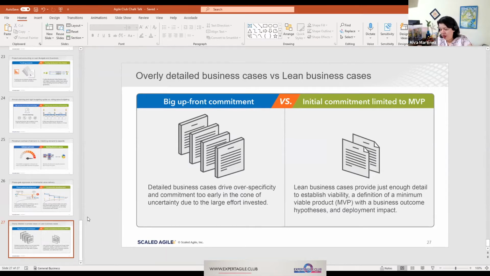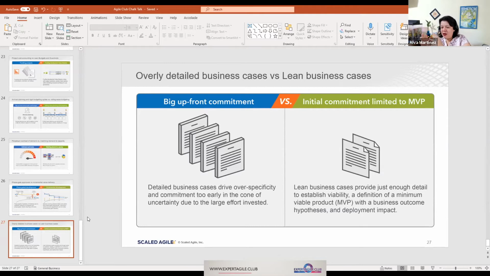If you want to define what you are going to build, then you need to do an analysis. And most of the time, nobody wants to pay for that analysis, right? So the idea here is, instead of that detailed business case, let's retire it and use just a business case, but more lean, with just enough detail and the concept of defining a minimum viable product.